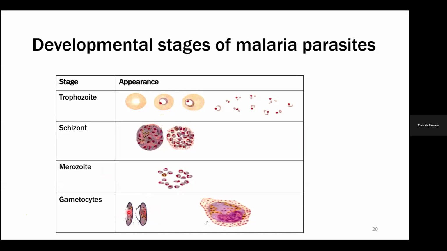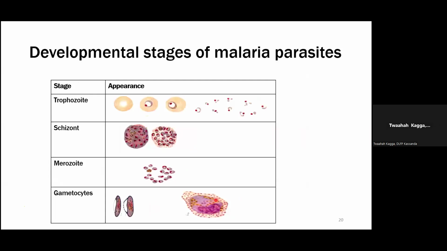Since they are banana-shaped, the red blood cell tends to rupture. Other species have gametocytes that have a big chromatin and a blue cytoplasm. This is also another gametocyte stage, probably of Plasmodium ovale, as we shall see.